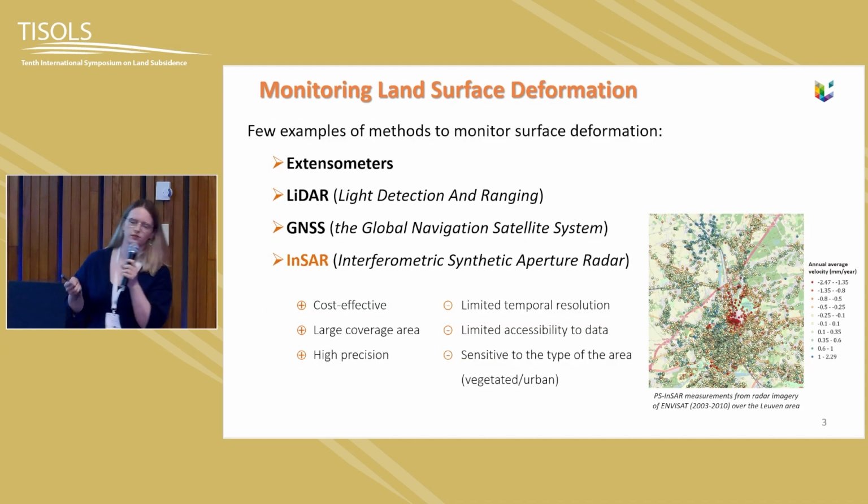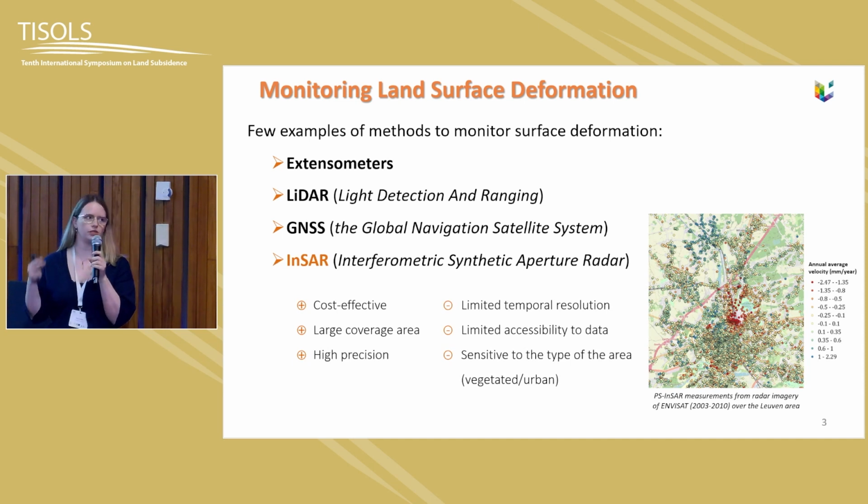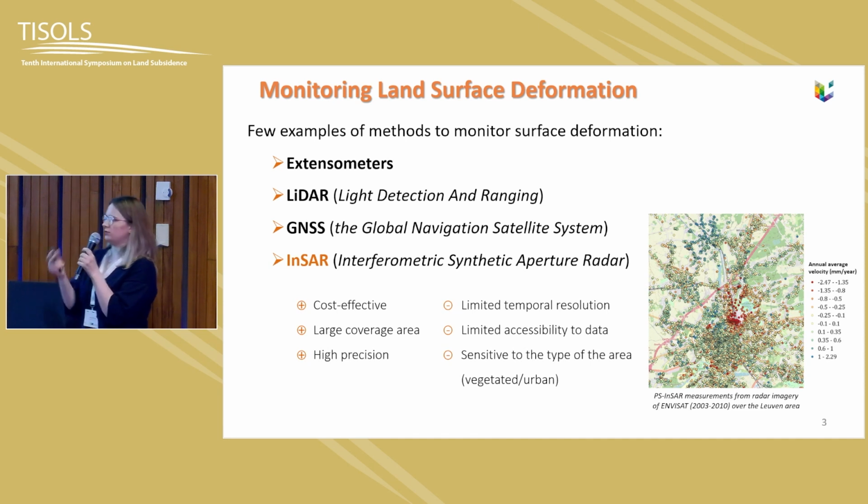To monitor and identify deformation, there are a few existing methods, like extensometers, LiDAR and GNSS, which work more on the local scale. In our case, as I said, we used the InSAR method to identify the deformation.